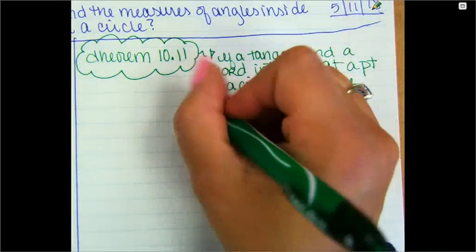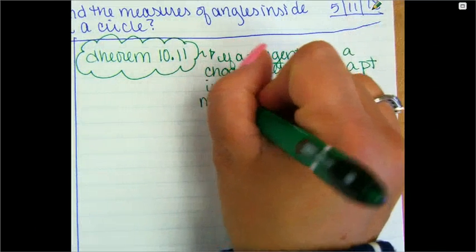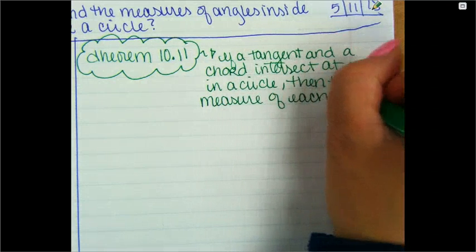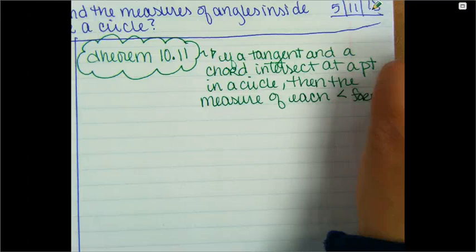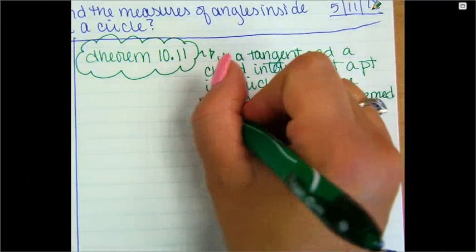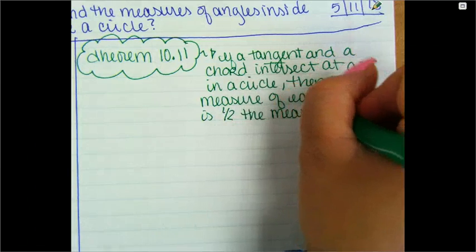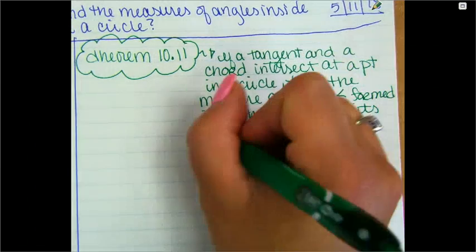then the measure of each angle formed is half the measure of its intercepted arc.